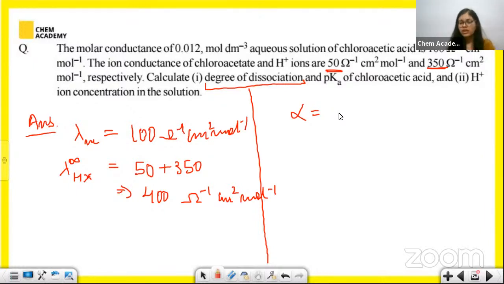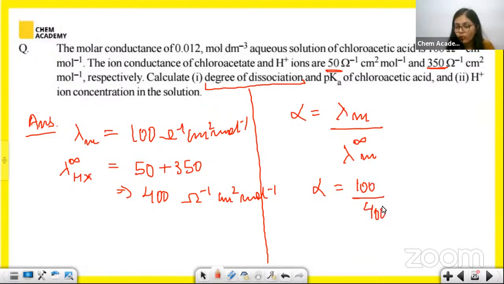Okay, so the degree of dissociation can be written as lambda m divided by lambda m infinity. Now if I put in the values, it will come out to be 100 divided by 400.